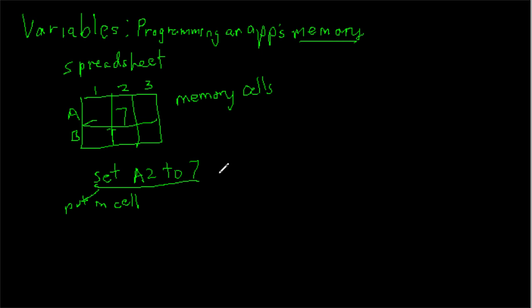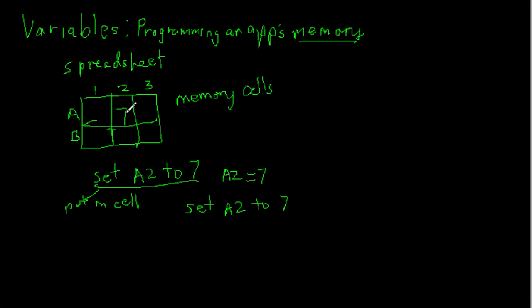Now in textual programming languages, I would just say A2 equals 7. In App Inventor, we've got a block, which is the set block, and I would say set A2 to 7.